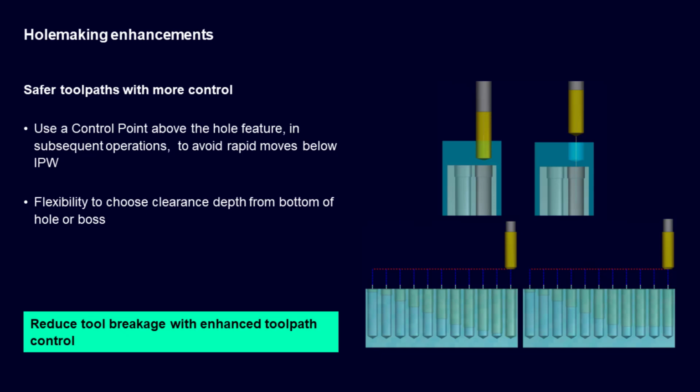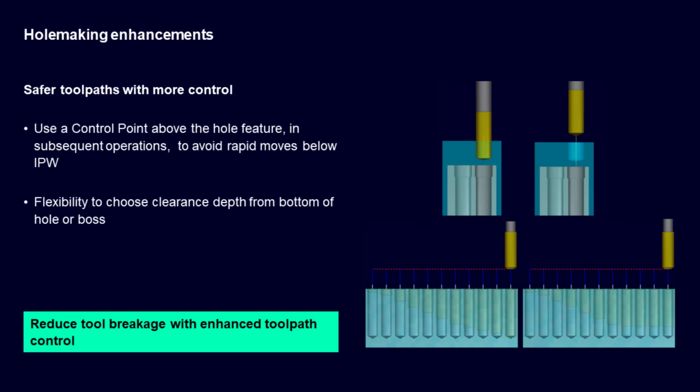This will effectively allow all subsequent operations better control for entry into the previously drilled hole, reducing tool wear, tool breakage, and improving quality. Users have also requested the option to allow a bottom clearance to reduce the depth a tap or thread mill goes down a thread feature.